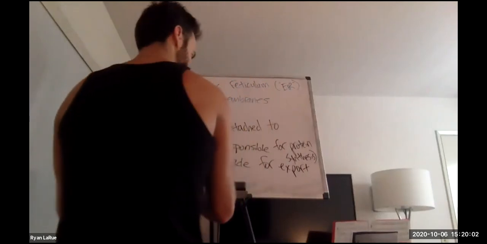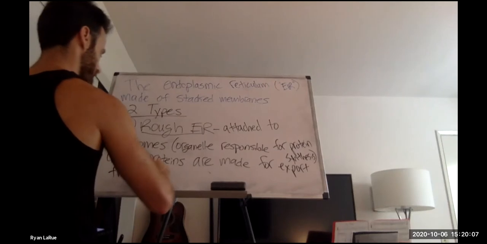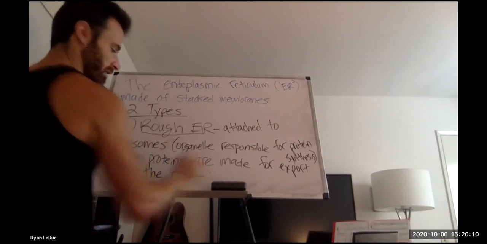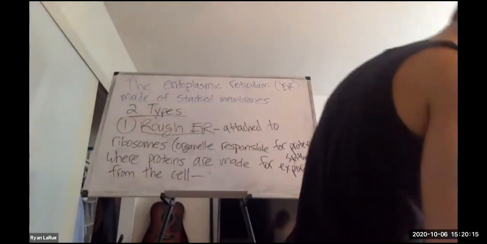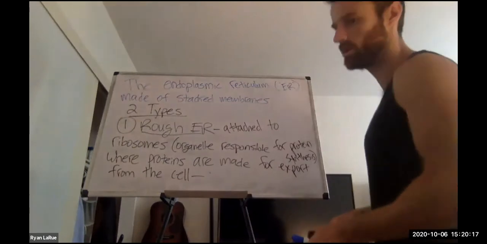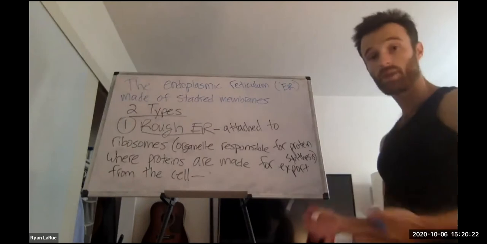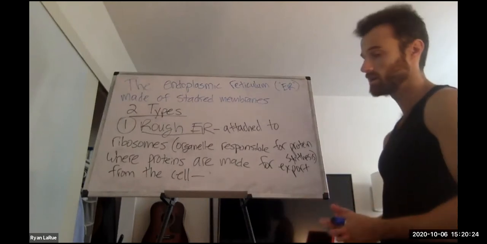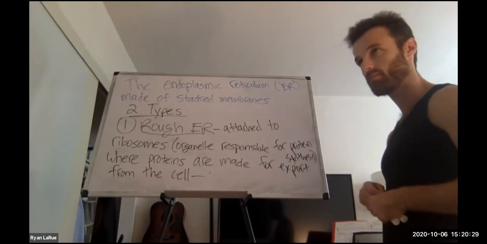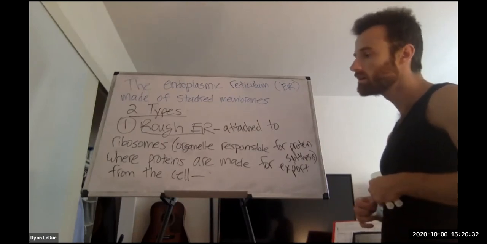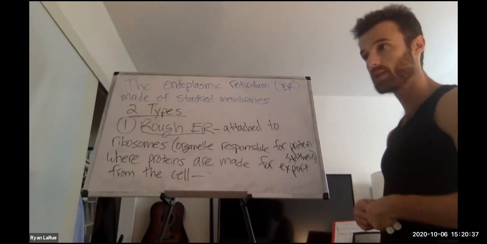Now, you may be wondering what kinds of proteins that might be for export from the cell. Well, let's name a few. There's a few fascinating, important examples of proteins that are constantly being made and are secreted from cells, such as pancreatic cells that are actually connected to our small intestine by a tube, the pancreatic duct.